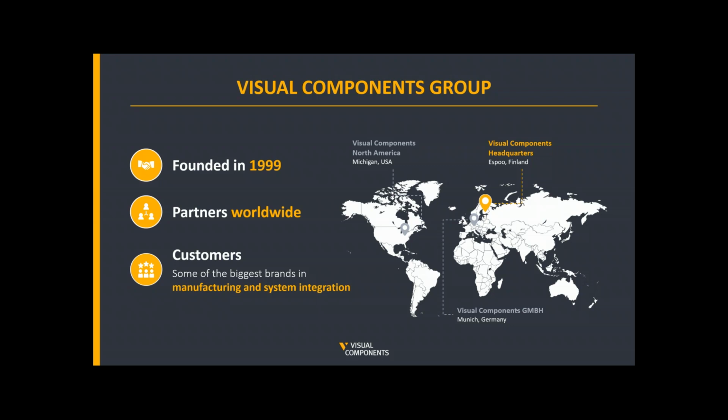There we do all the development for the product, and we also have core functionalities for marketing and support. We also have 2 sales offices, one in Germany, which serves our customers in German-speaking areas in Europe, and one in Michigan in the US, which supports our customers in the Americas.